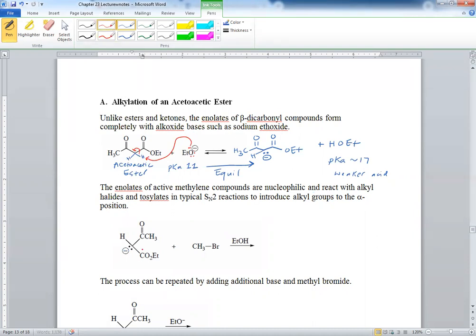What's going to happen is that this is going to be your nucleophile, and this is your electrophile. This is a leaving group. Remember that.